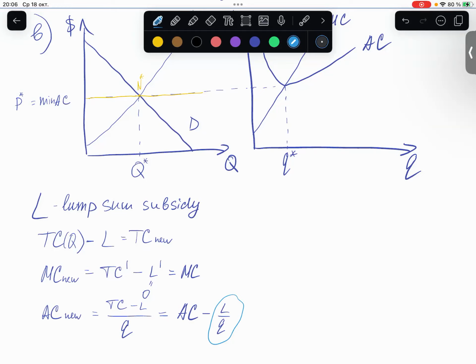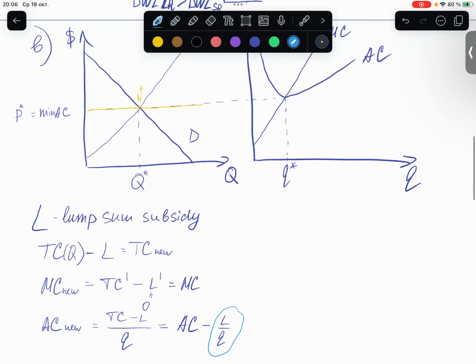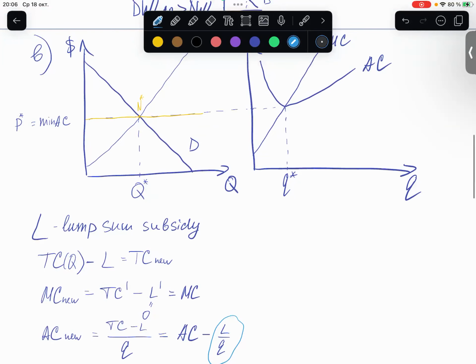Okay, so now how will they change? Let's draw. If the quantity is high, approximately infinity, then this part is approximately 0. So our new average costs are the same as the old average costs.